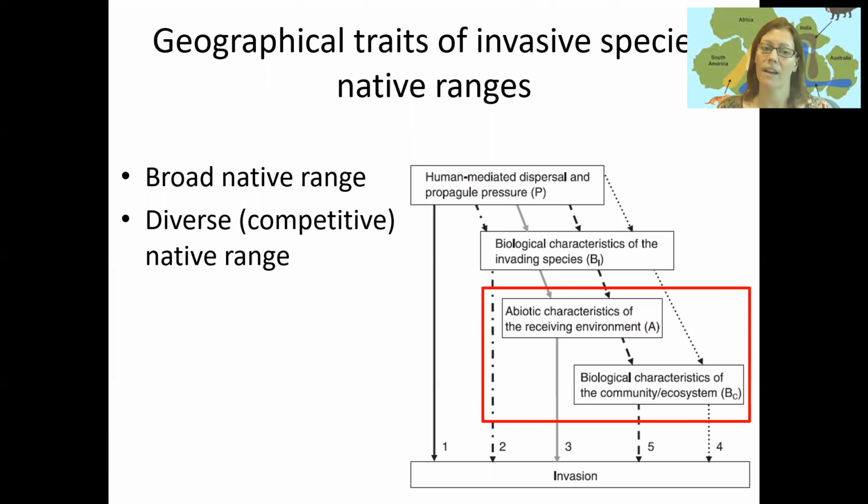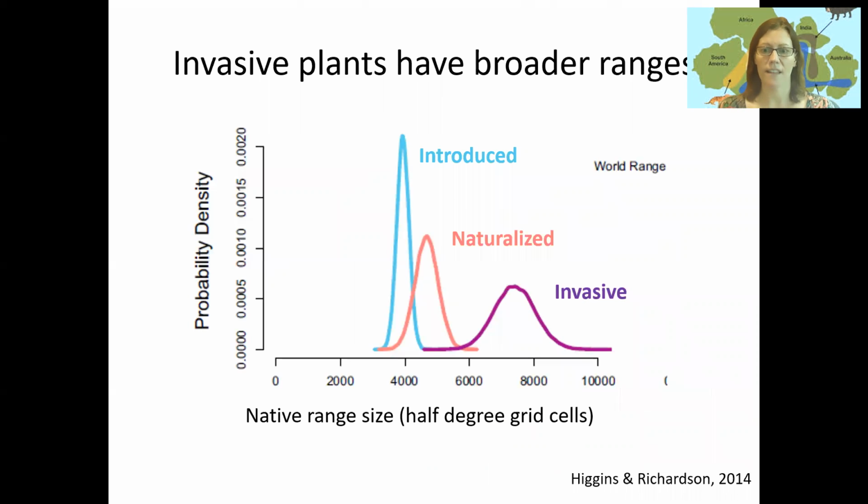So two studies that I want to highlight. One is the idea that invasive species have broader native ranges. And the other is the paper that you read, the Fridley and Sax paper, the idea that invasive species come from more diverse native ranges. So let's start with that first one, the broad native ranges.